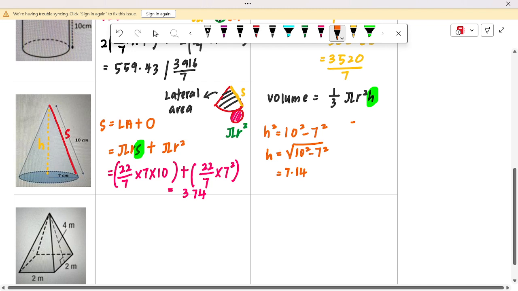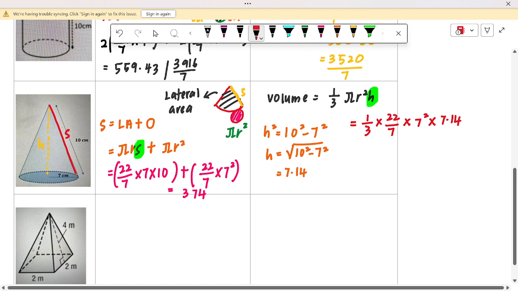Now to calculate your volume, it will be 1 over 3 times 22 over 7 times your radius, which is 7 square, times your height, which is 7.14.